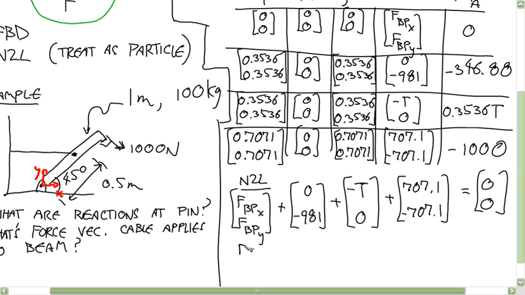And the rotational version says 0 minus 346.88 plus 0.3536 T minus 1,000 is equal to 0.